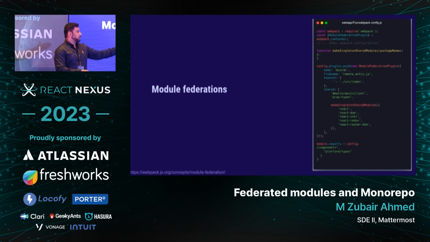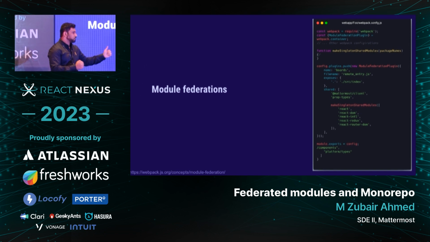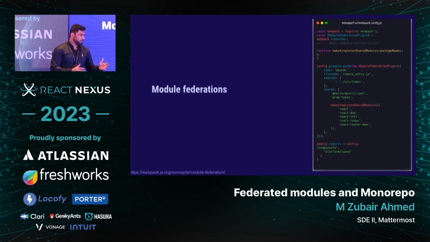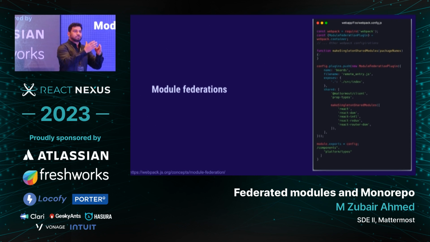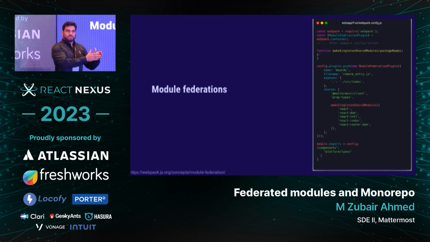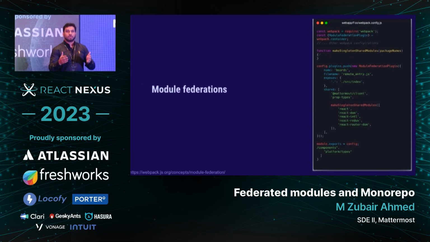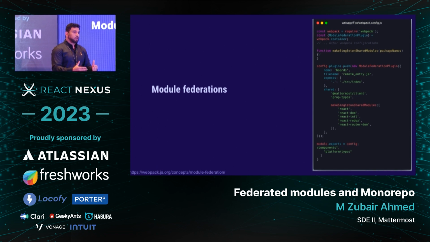And similarly for React DOM, React Intl. When you're building the web app, it will first build each of the products, and when Webpack module federation sees a single package that it wants to extract out, it will extract that out. So we get a single build for all the projects.